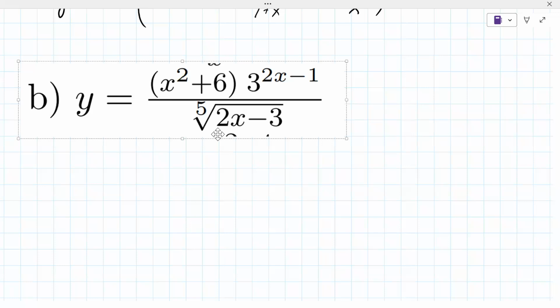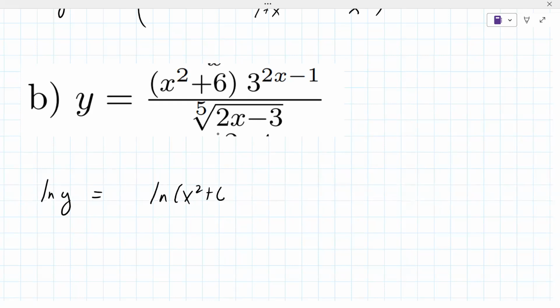Okay. So first, figure out how to break this apart, please. Using ln: ln of x squared plus 6, plus ln of 3 to the power of 2x minus 1.